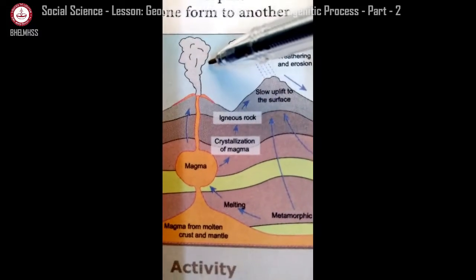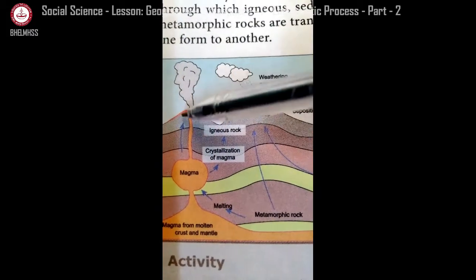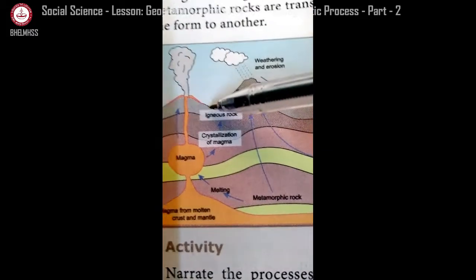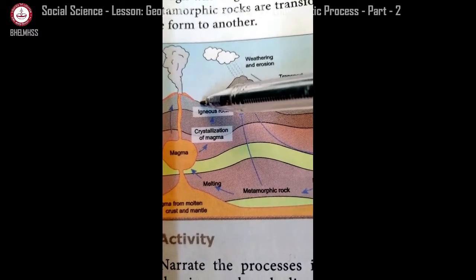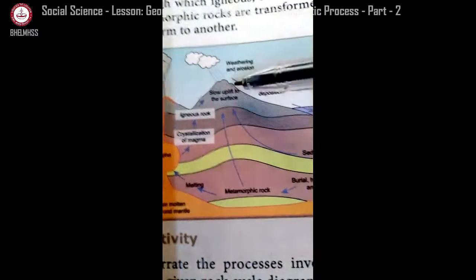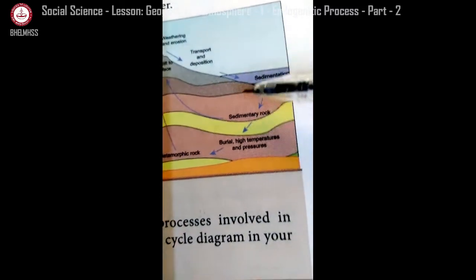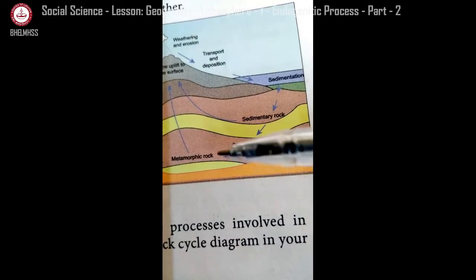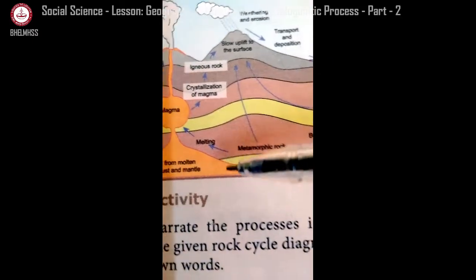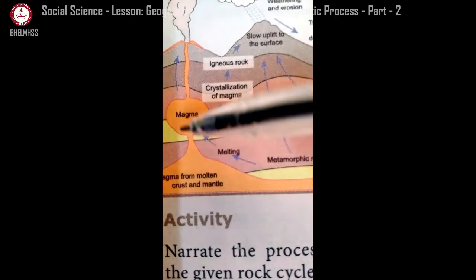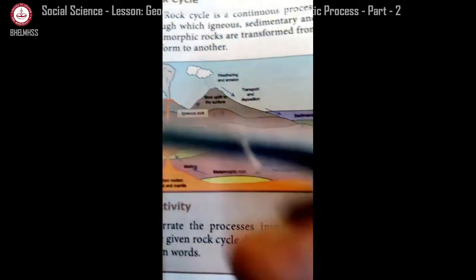Then again they come out of the mountain as lava, flow as lava, and magma comes out as lava, and they cool down as igneous rocks, keep settling, and rivers carry them, they become sedimentary rocks, they settle down below as days go on, then they become metamorphic rocks, again because of heat and pressure they become liquid, and again they try to come out. So this way the rock cycle happens.